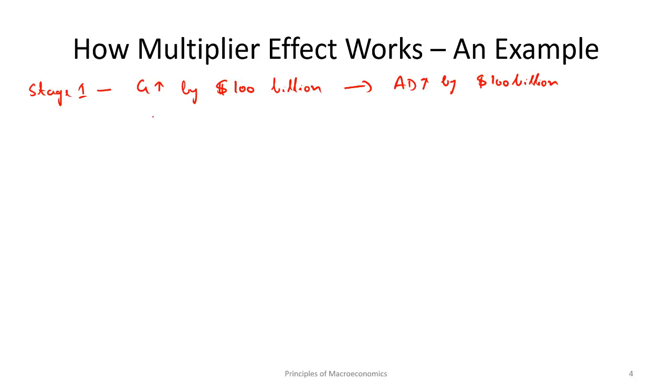In stage 2, the $100 billion that government spent has become somebody's income.